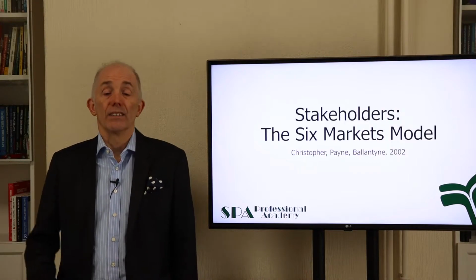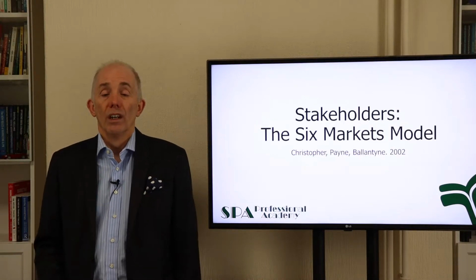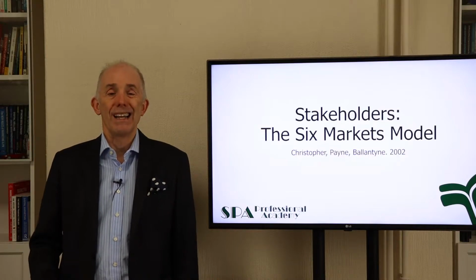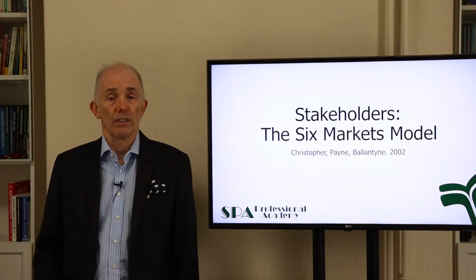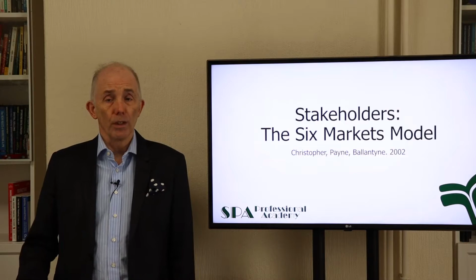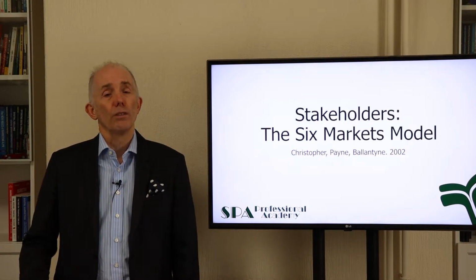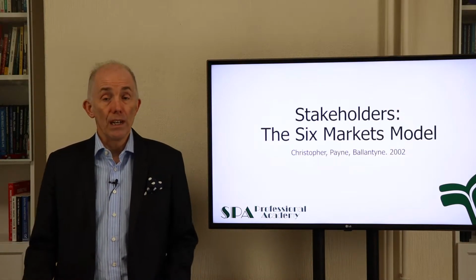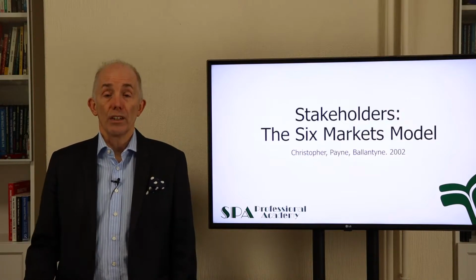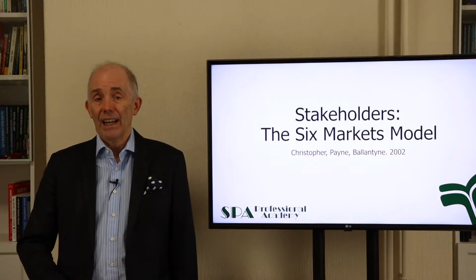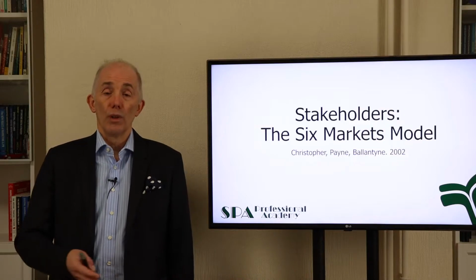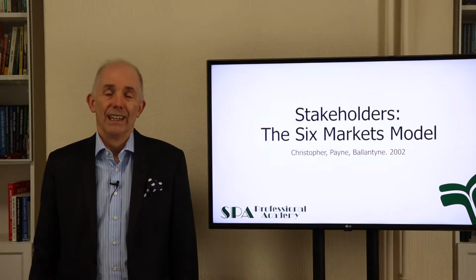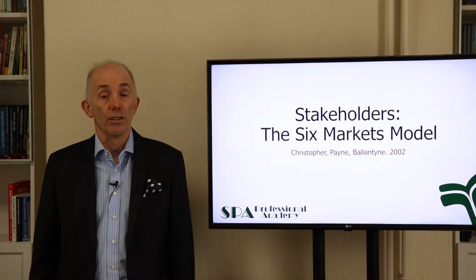And the model is the 6 markets model, and it's from Christopher, Payne and Ballantyne from 2002. So it's a fairly old model, been around a long time, but it's one of those models that is really enduring, great content, and absolutely as applicable now as it was when the authors wrote about it back in 2002.